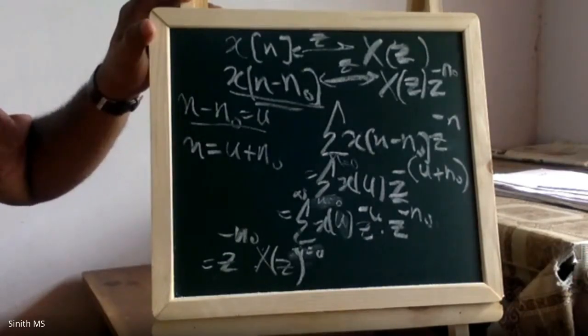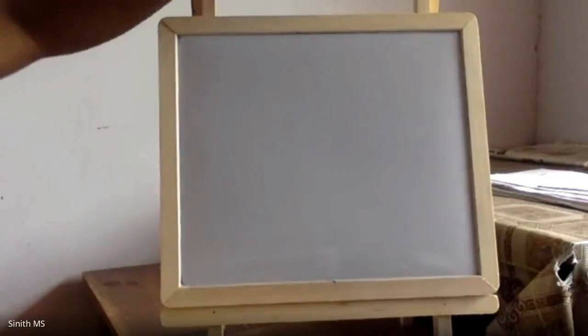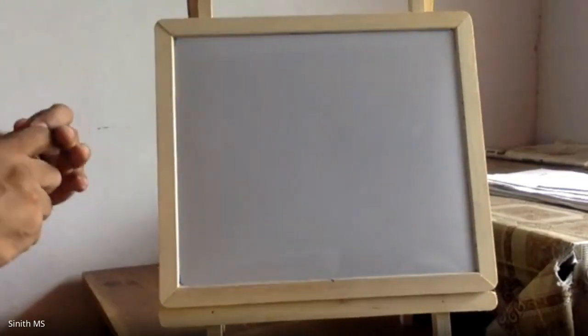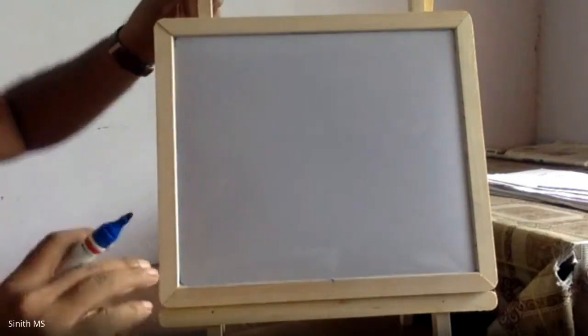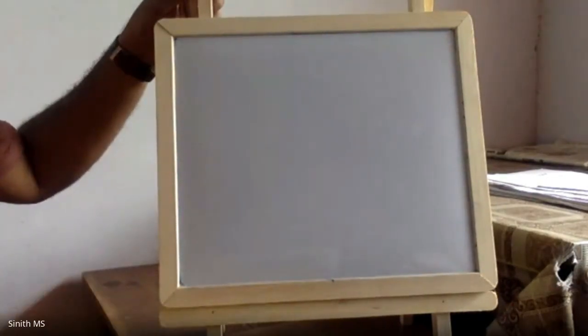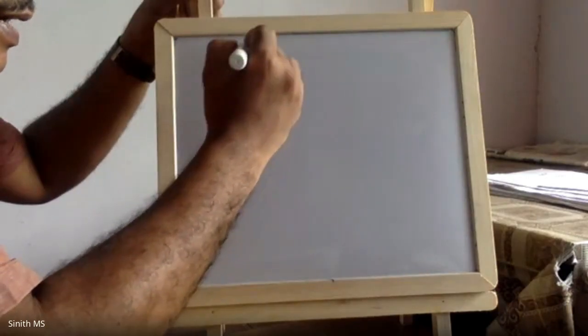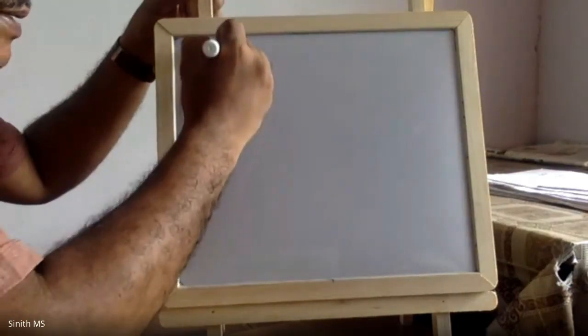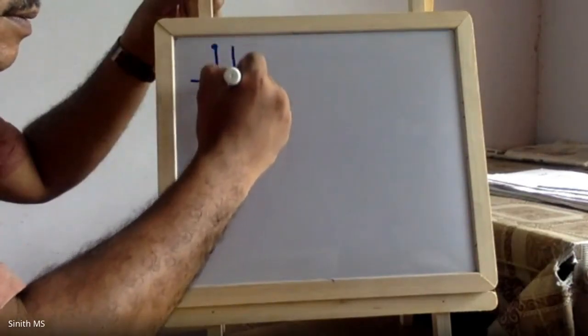Now we shall see what is the Z transform of a discrete signal. If you take Z transform, you are considering only discrete signals. So let us consider another discrete signal represented like this.